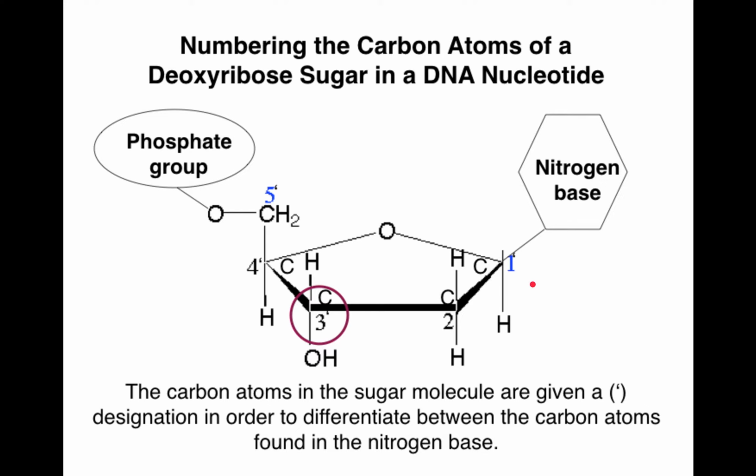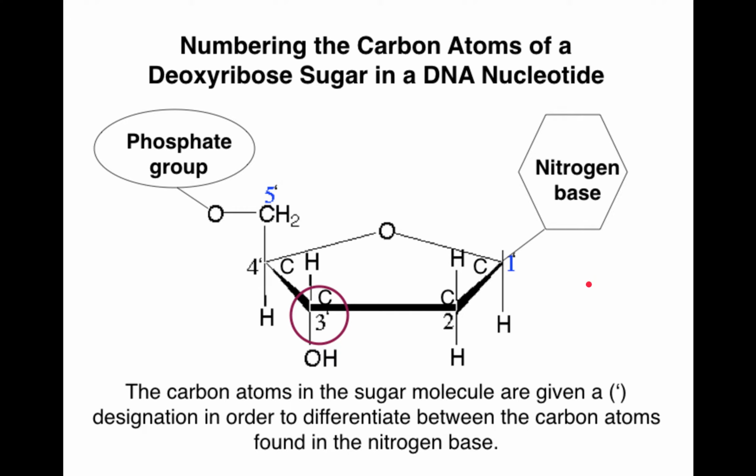We're going to number those carbon atoms 1, 2, 3, 4, 5. We're also going to give each of those carbon atoms a special designation. We're going to call them 1', 2', 3', 4', or 5', simply to distinguish them from the carbon atoms that are going to be present in the nitrogenous base.